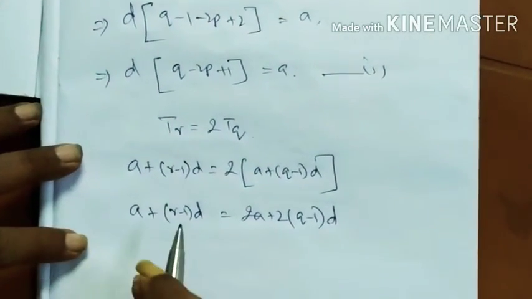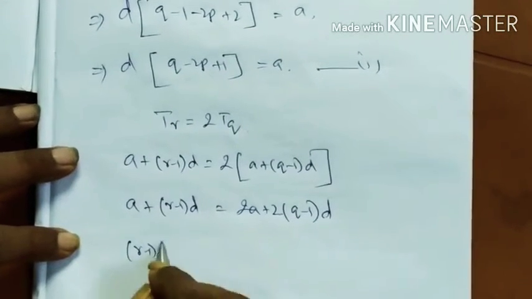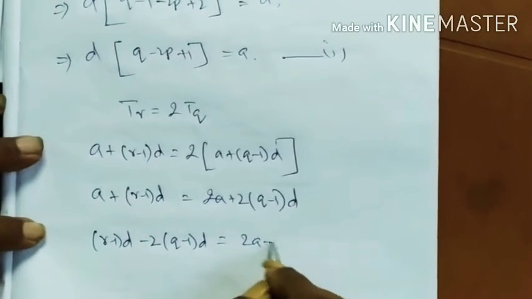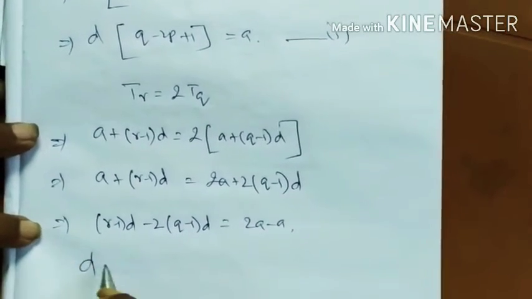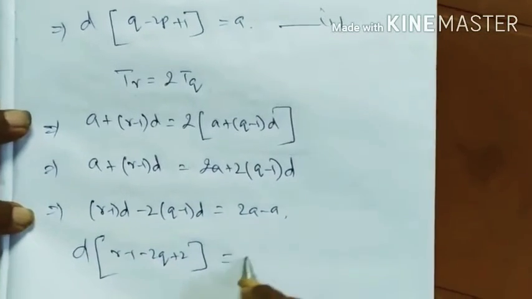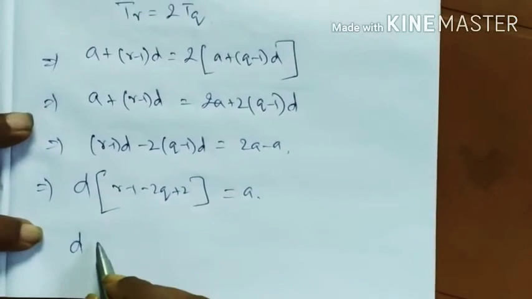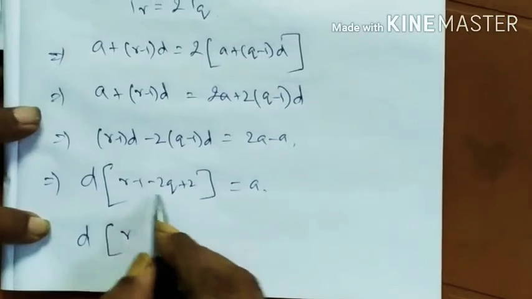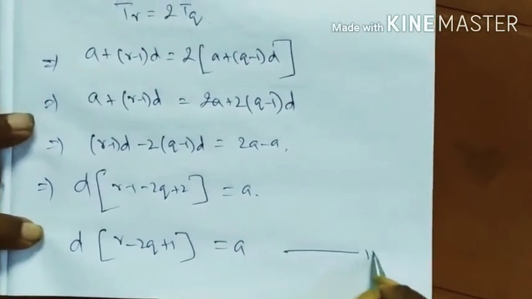Again the same, we are taking a to one side and d to another side. r minus 1 d minus 2 q minus 1 d is 2a minus a, d common. r minus 1 minus 2q plus 2 is equal to a. d times r minus 2q plus 1 is equal to a.